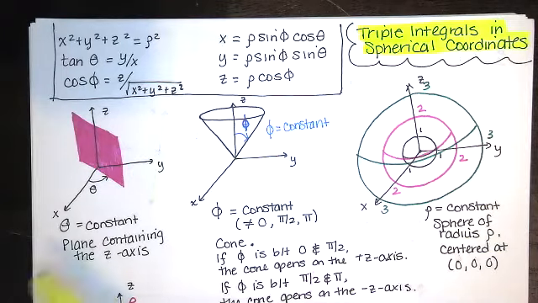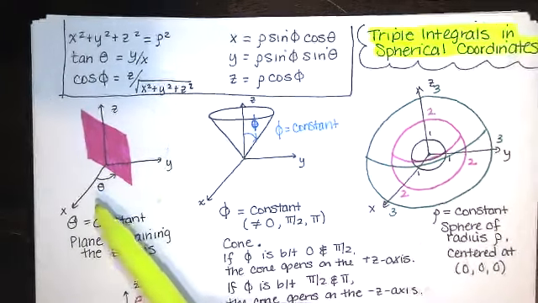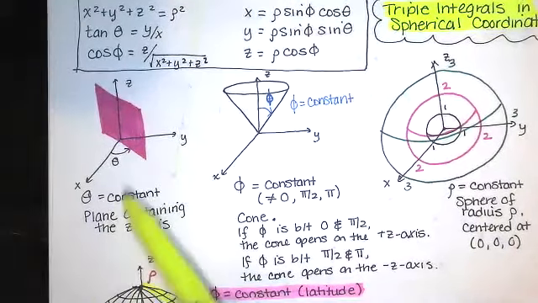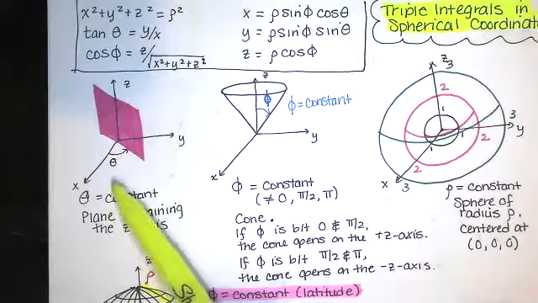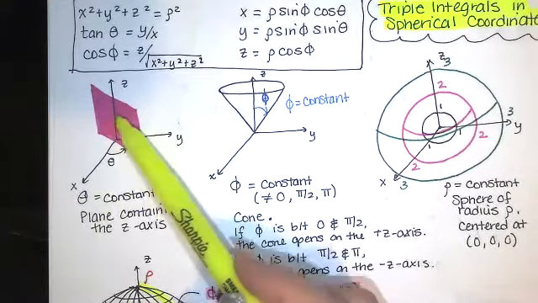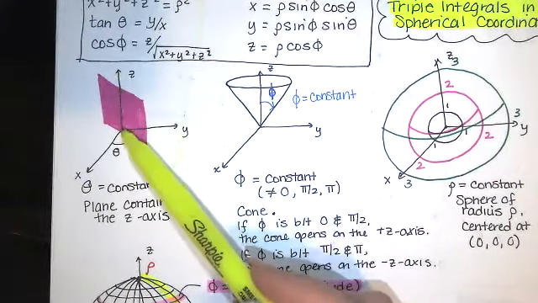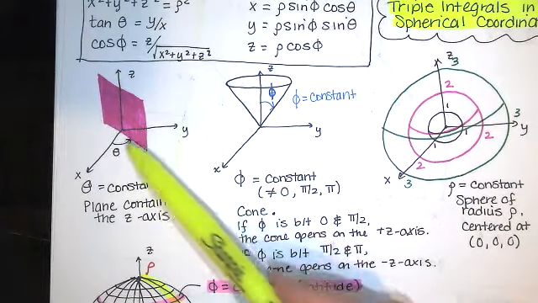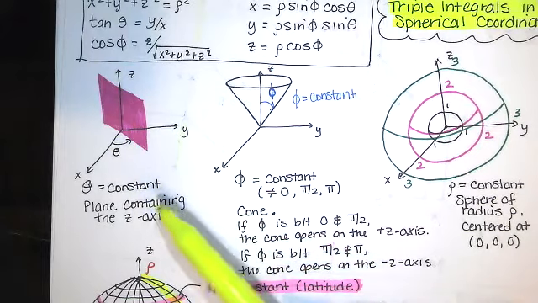So let's say you're given theta equals a constant, like maybe theta equals pi over 4. What that represents is a plane that passes through the z-axis, and it lies on a line given by theta equals pi over 4 in the xy plane.